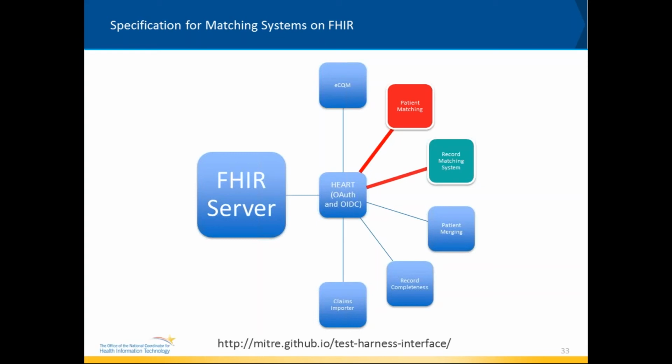So we built a patient matching harness that talks through our FHIR server, so it uses FHIR to communicate, and then it provides a way for record matching systems to use that FHIR-based interface so that they can do their matching jobs. And that specification is at the URL that you can see at the bottom of the slide. Next slide, please.